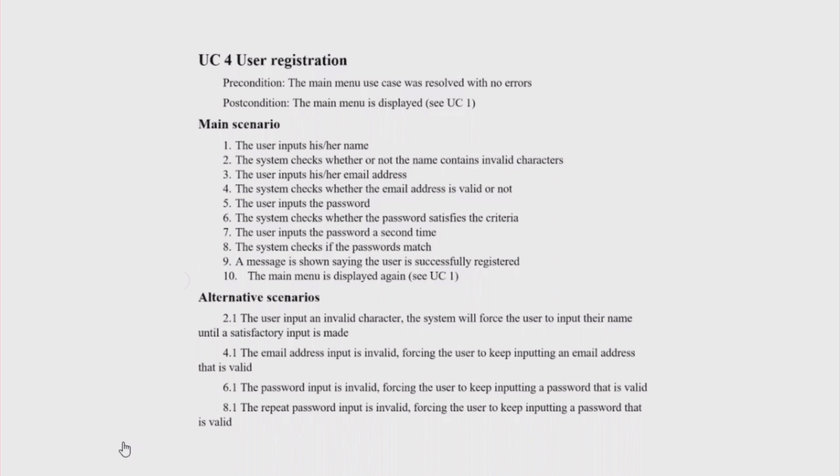And then we have kind of like this, you input your name, the name is checked, you input your email, the email is checked, the user inputs the password is checked, the user inputs the second time the password, the system checks, and finally then you're registered and you display the main menu.